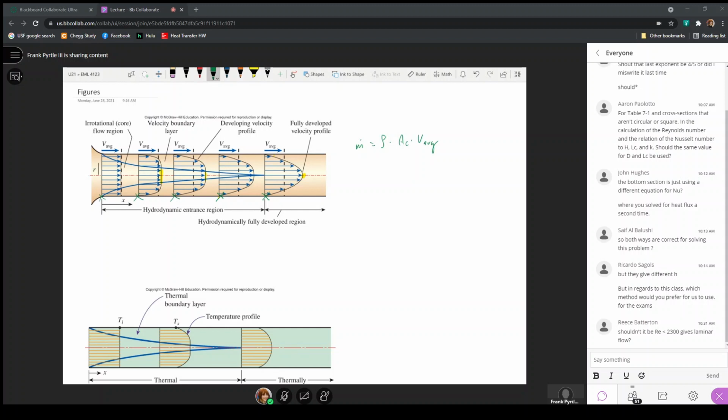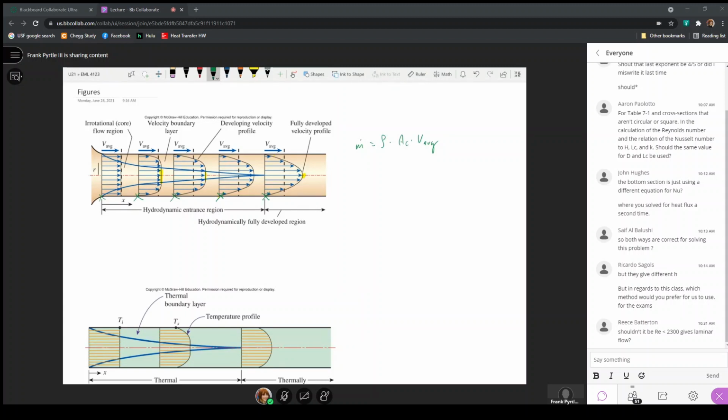Now, because this is an average velocity at that position, the velocities can change as a function of position from r equals 0 out to r equals capital R. So the shape of the velocity profile can change, but the average velocity stays constant.